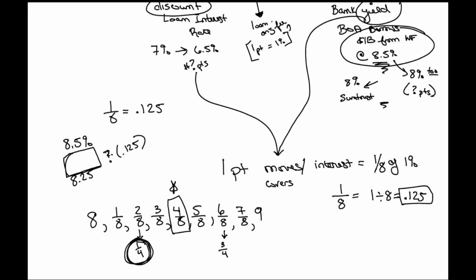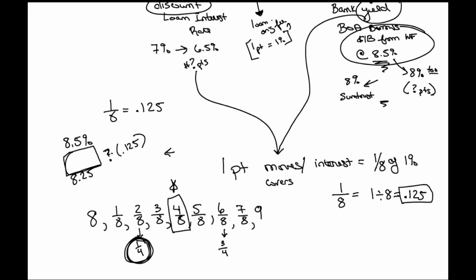Every time you pay a point, you move one spot because there's a difference of 1/8 between 4/8 and 3/8. And 1/8 equals 0.125.